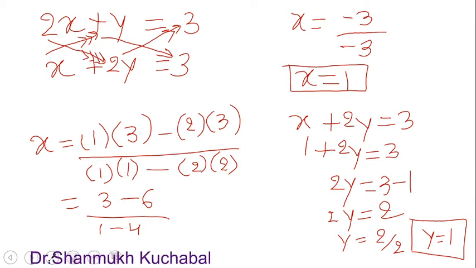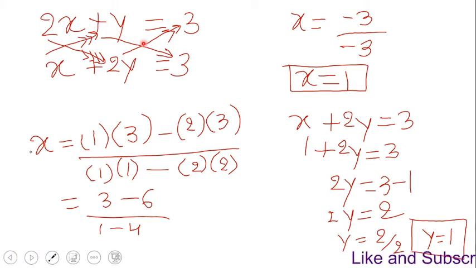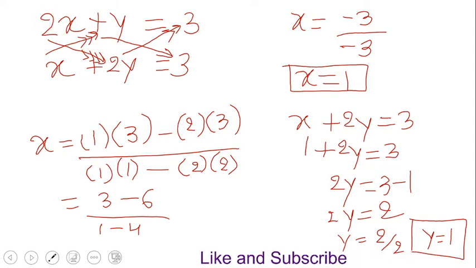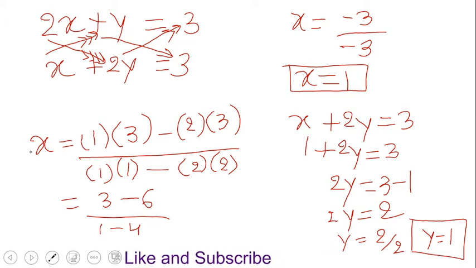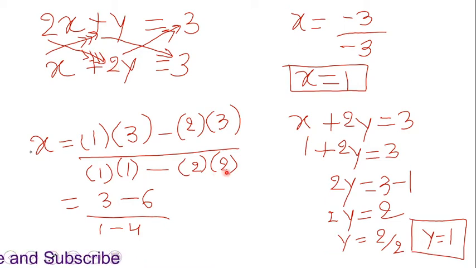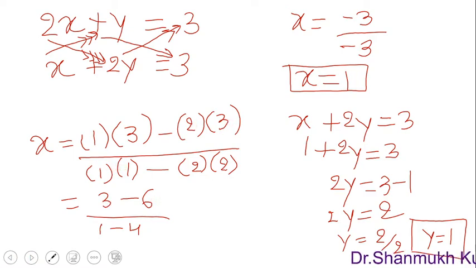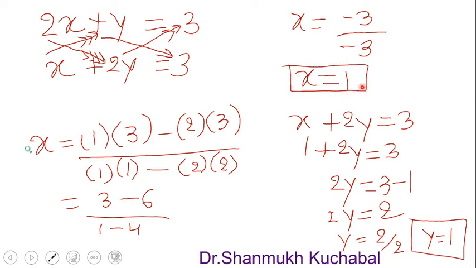Next, the fourth step, 2 is multiplied with 2. Very simple. So 1 into 3 I have written here, 2 into 3 I have written here, with the minus sign in the middle. Then 2 into 2, see here, 1 into 1, here I have written the minus sign, 2 into 2, here I have written. So 1 into 3 is 3, 2 into 3 is 6, 1 into 1 is 1, 2 into 2 is 4. Then simplify, we get the x solution.